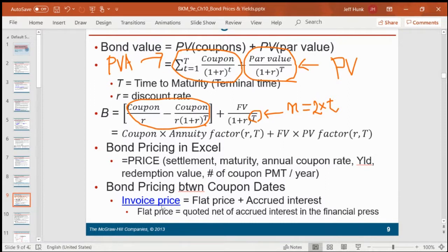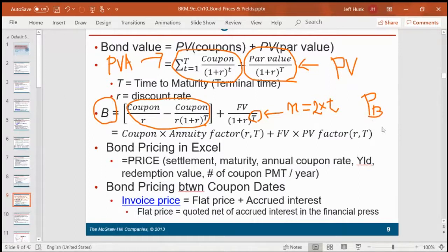There are a couple of things I will briefly mention. The price quoted, right? Let's say you calculate the bond price. I use uppercase B for bond price, but sometimes P subscript B is used.